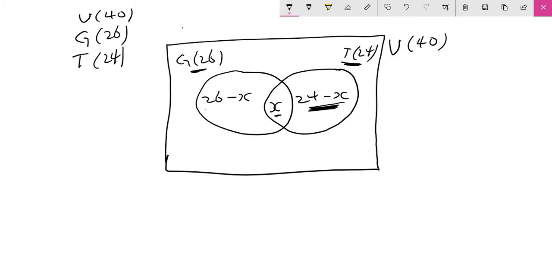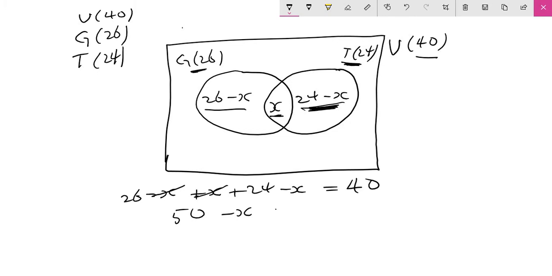So we're just going to do exactly that. We know that when you add this value to this and to that, you must get the universal set. So you have 26 minus X plus 24 minus X must equal 40. So again, minus X goes away with plus X. So we have 26 plus 24 will give 50 minus X equals 40. All right, so making x the subject, we get x equals 50 minus 40, and so x is equal to 10.